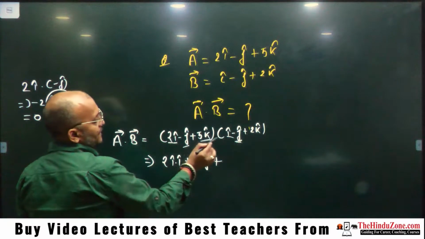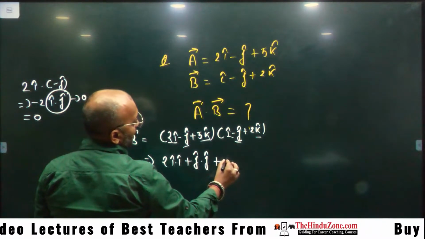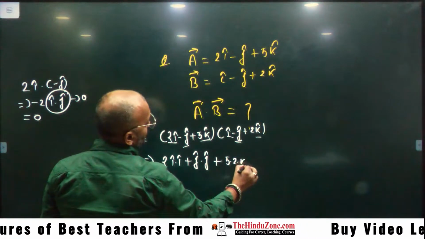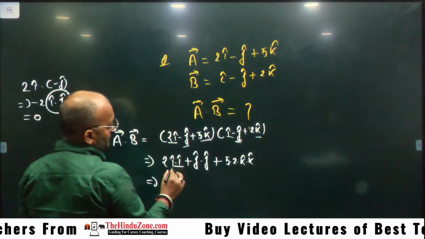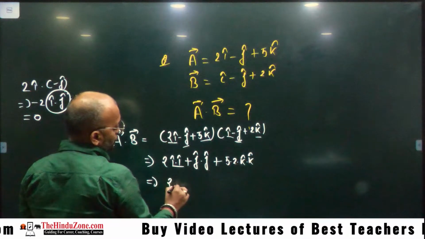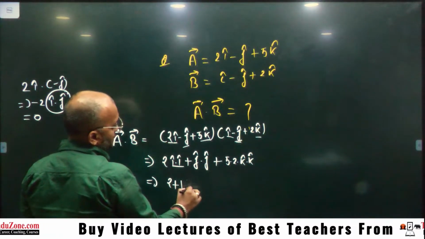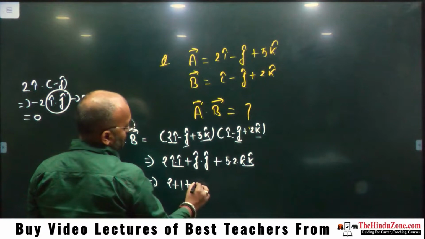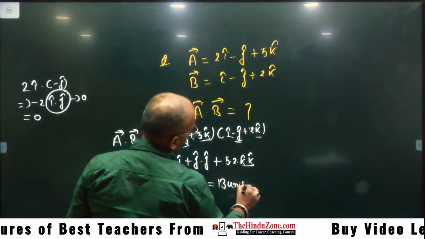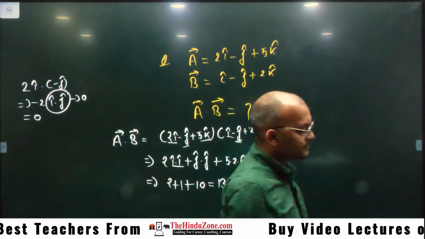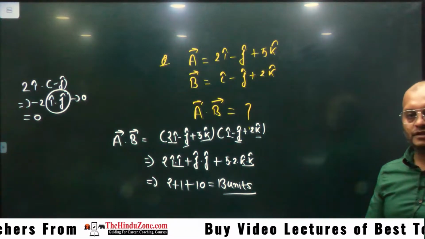Plus 5 into 2 into k into k. So i square is 1, so 2, this is also 1, plus 1, and this is 1, plus 10. So you will get 13 units as the answer. Understood?